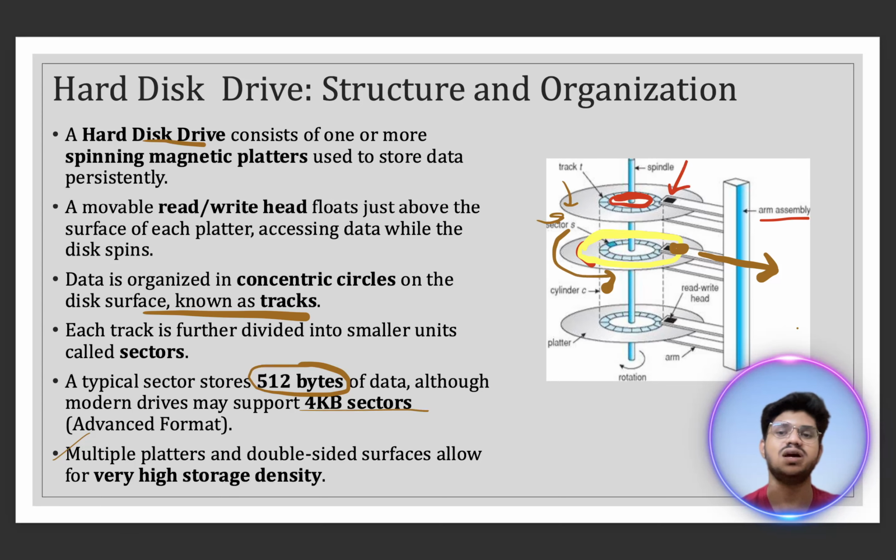That's why you can see that there are two read and write heads per platter. Okay, and double-sided platters allow very high storage density. So I hope that the overall design of a hard disk is pretty much clear.